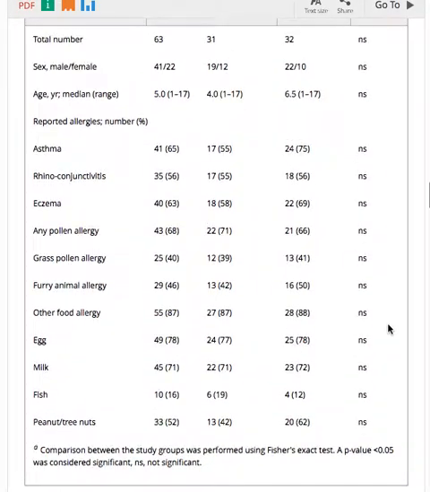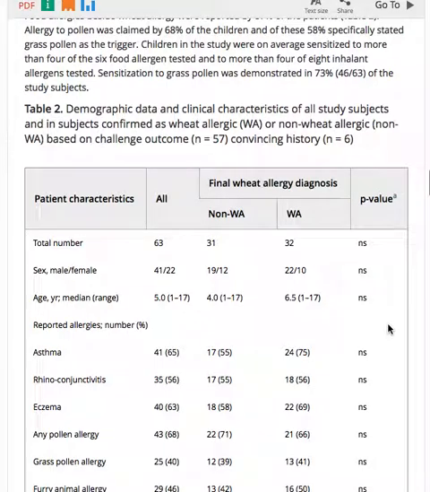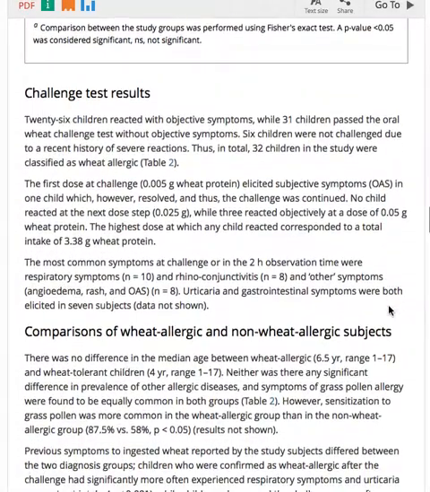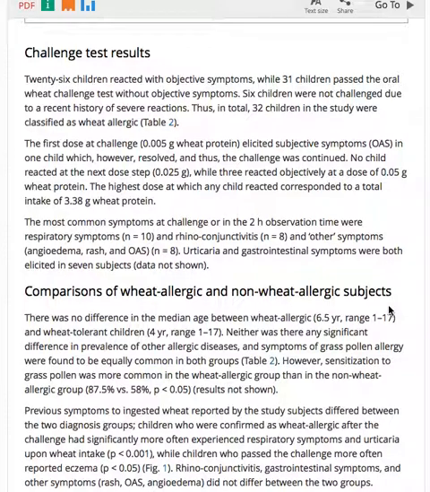And this also shows different allergies and different symptoms of these children. So only half of the children who were previously diagnosed reacted to the oral challenge wheat test, which shows that half of the children that did not react are on wheat-free diets when they really should not be.